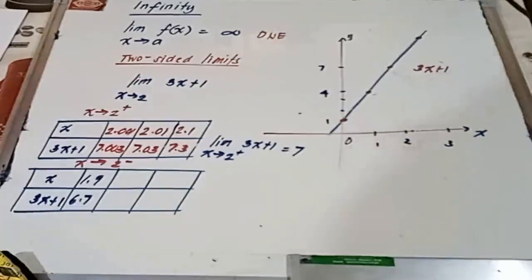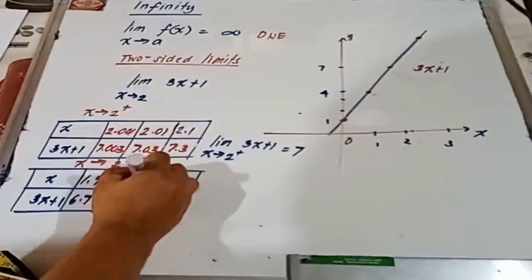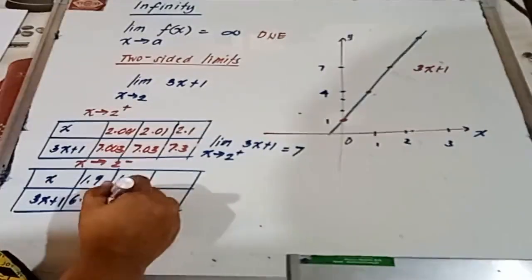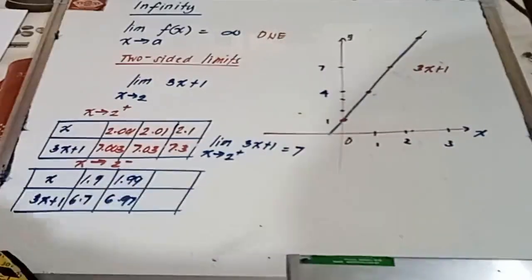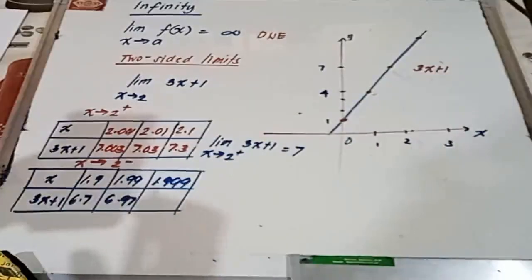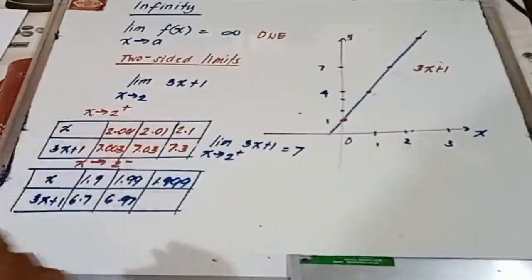And then if x is 1.99, we have 1.99 times 3 plus 1 is 6.97. And if x is 1.999, okay, papalapit na sa 2, 1.999 times 3 plus 1 is 6.997.